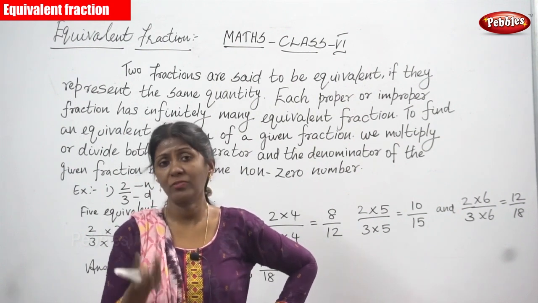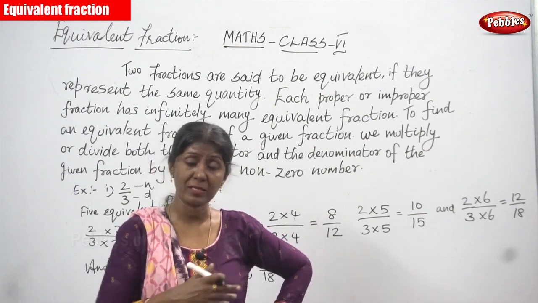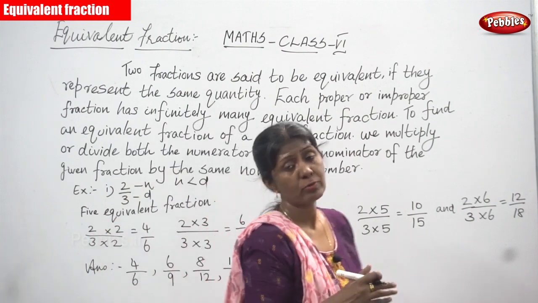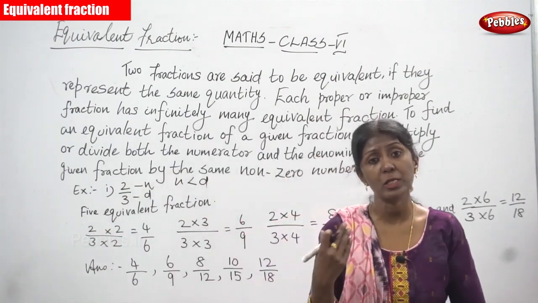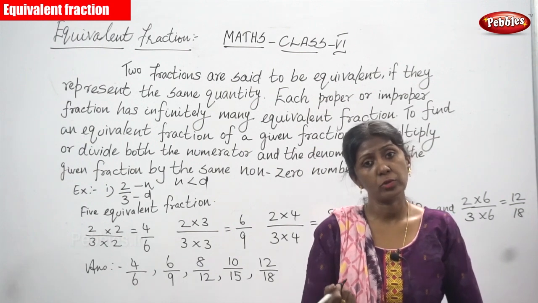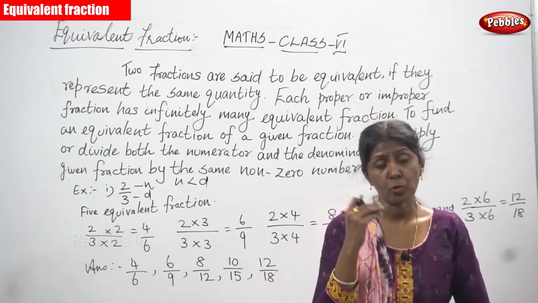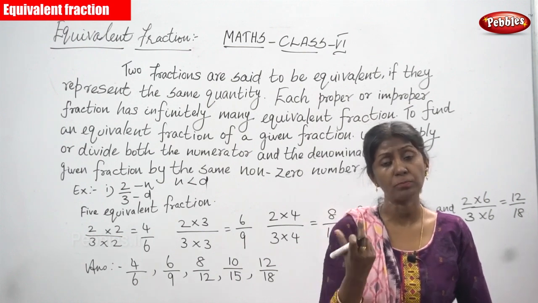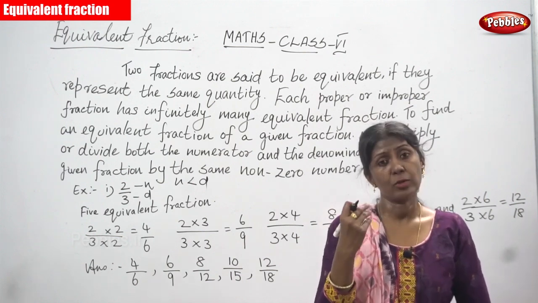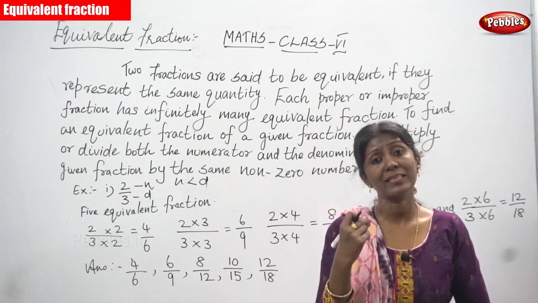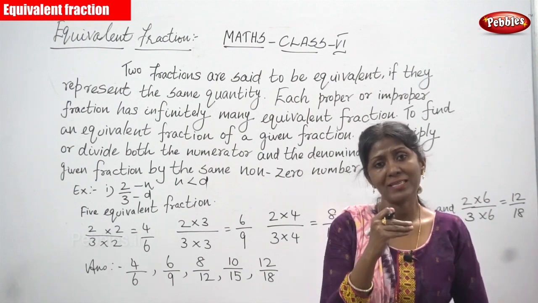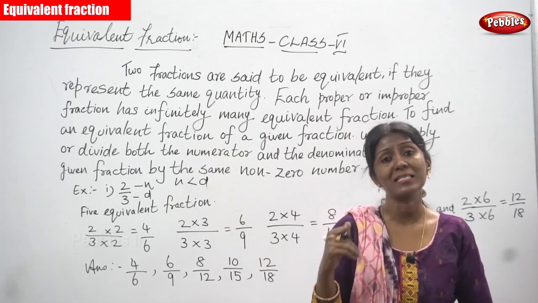I'll repeat, whatever the fraction may be, whether it is a proper fraction or improper fraction, if you have to convert it into an equivalent fraction, you multiply the numerator as well as the denominator by the same number.